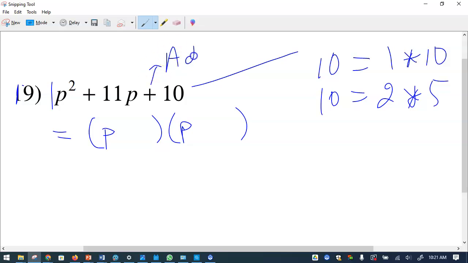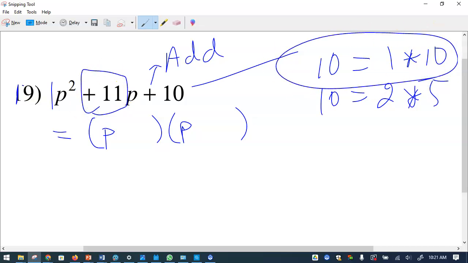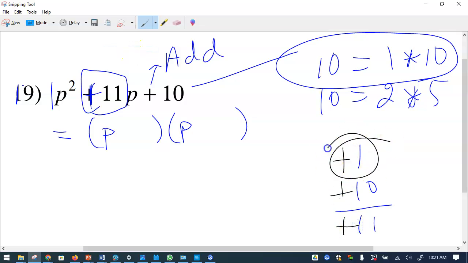A plus means you want to know which ones add up to 11, correct? You can clearly see 1 and 10 add to 11. But then it is plus, so they both have to be plus. That's the only way you get 11. So the two answers are plus 1 and plus 10, and you're done.